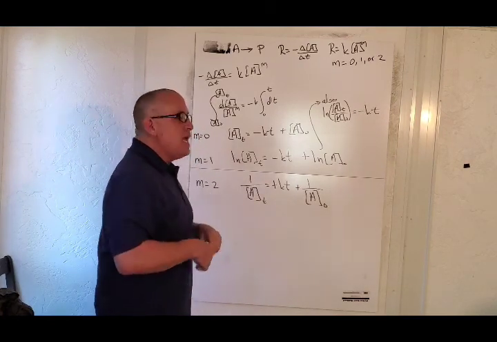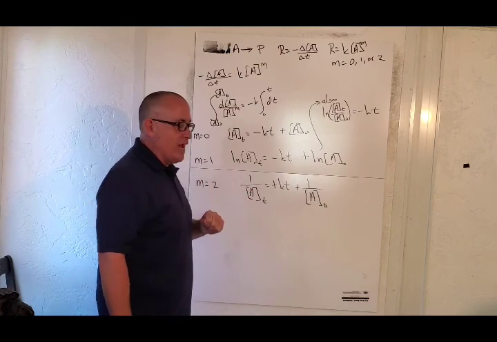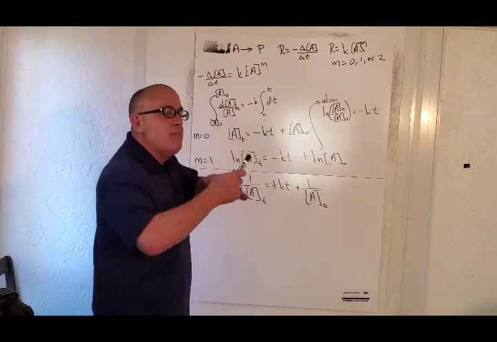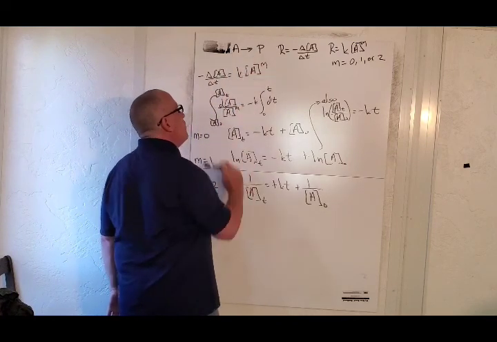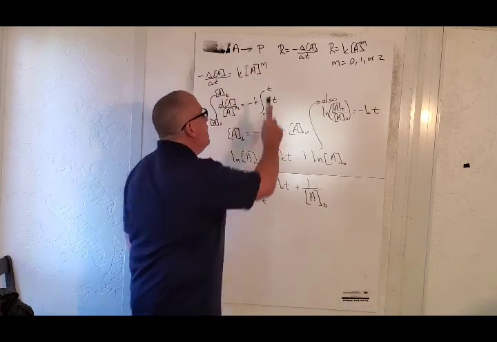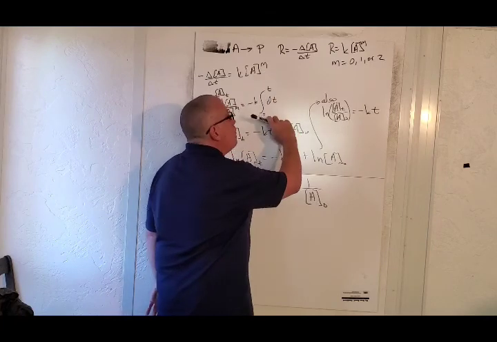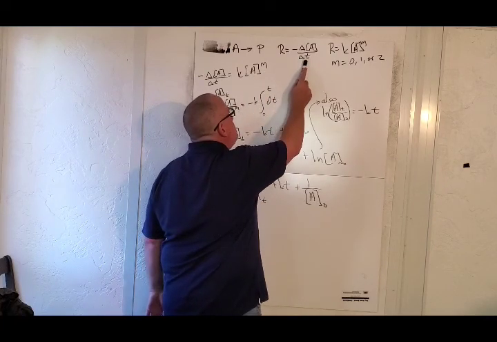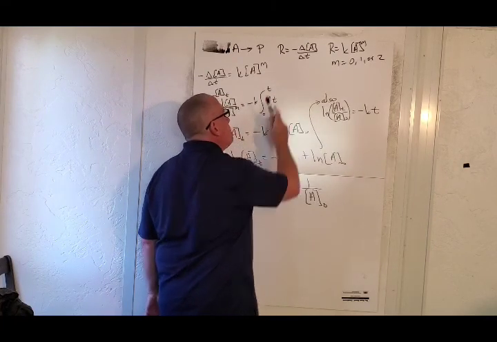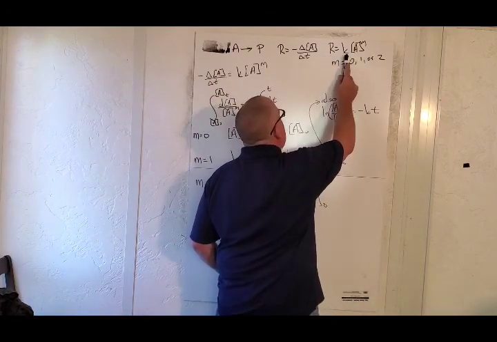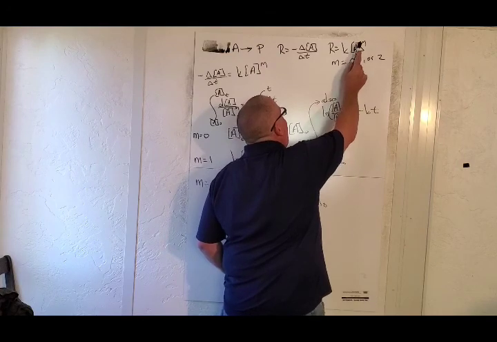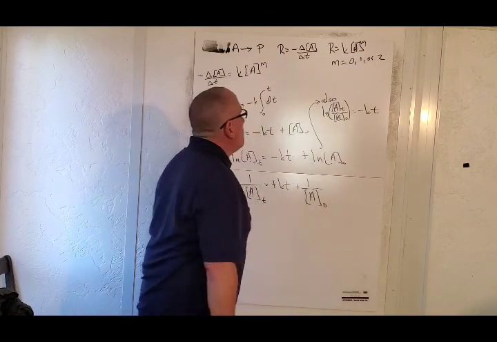Okay. So let's take a more basic chemical reaction. Instead of A plus B going to the product, let's just choose A going to the product. The rate of the reaction from before is minus delta A over delta T. And the rate of the reaction is also R equals K A to some power.